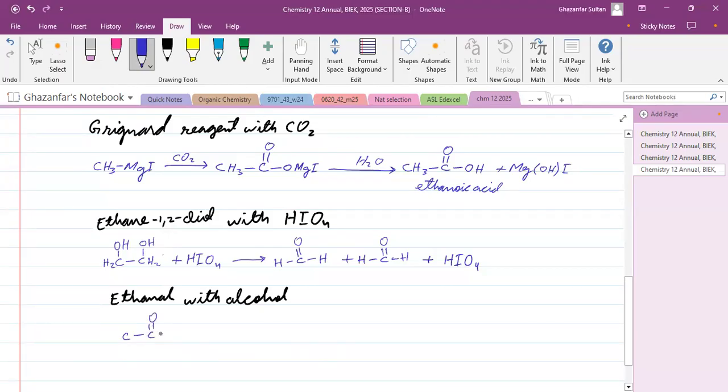So see what happens. This is ethanal, and we are doing this reaction with ethanol, CH3CH2OH. Now see what happens.